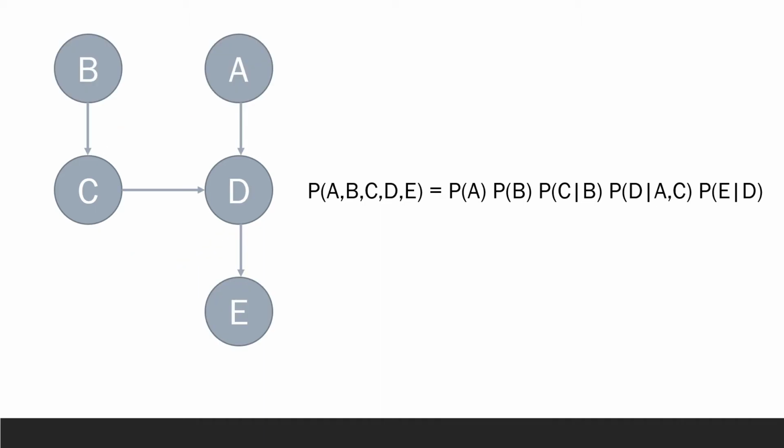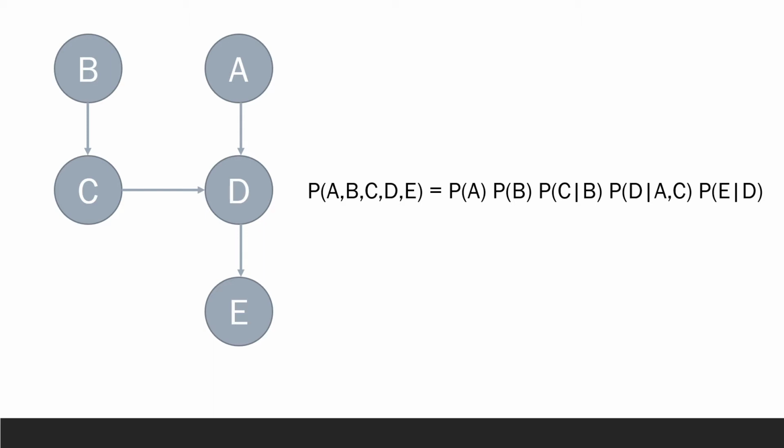This one is going to be a mix with 5 nodes, 5 variables. As you can see, B and A each have only one parent, which is C for B and D for A. And also, the node E is the only child of D. But the node D has two parents, which are C and A. So this is going to be the mixed node.